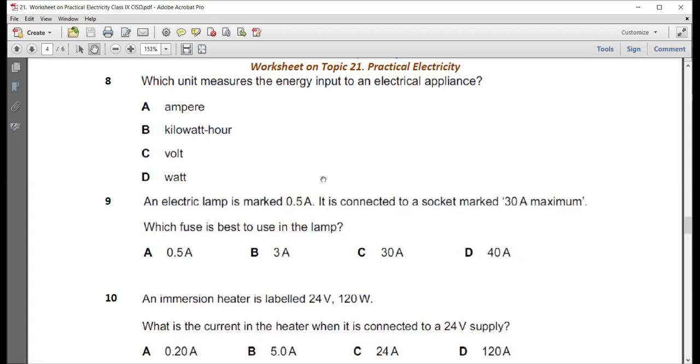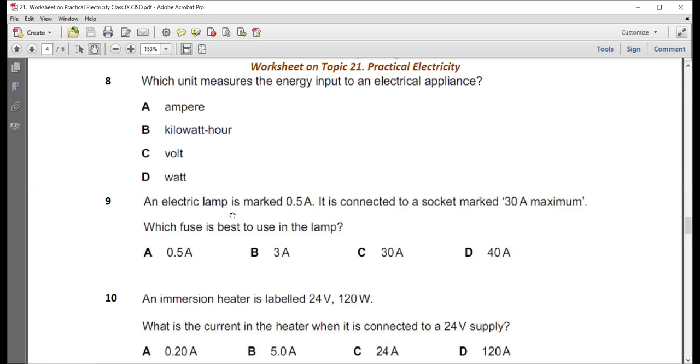And our appliance here is the lamp, not the electric socket. Because in a socket, you can use a lamp, you can use a fan, you can use a refrigerator, many things you can use. That's why for a socket we need a maximum current, like a maximum range, and we don't use a fuse to protect the socket.